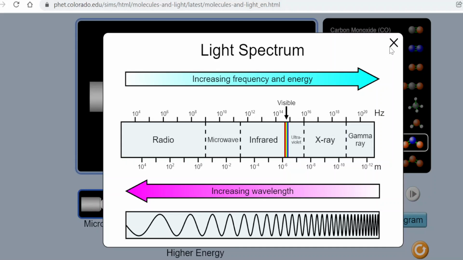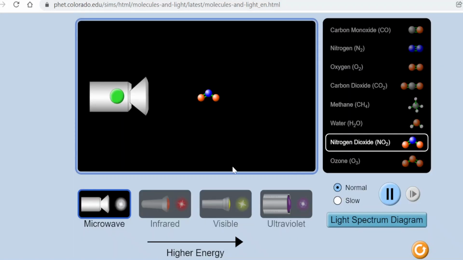Now, let's go to the interaction. Here, first of all, we will take microwave radiation, and when it is passed over this nitrogen dioxide molecule, you can see here, we will take a slow motion. Then here you can observe when microwave radiation is passed, the molecule is rotated.